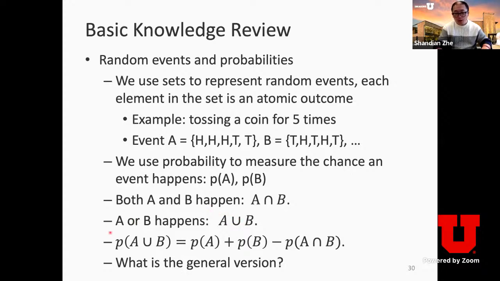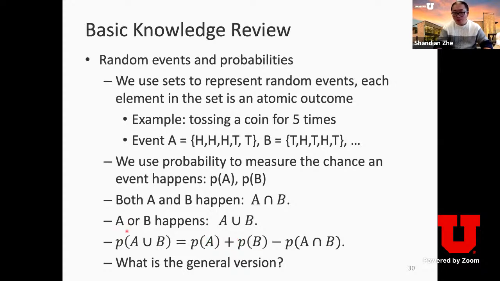Maybe you've seen this equation in your probability or statistics book a long time ago: the probability P(A union B) equals P(A) plus P(B) minus P(A intersection B). Someone asked me last week how to show that P(A union B) is less than or equal to P(A) plus P(B).